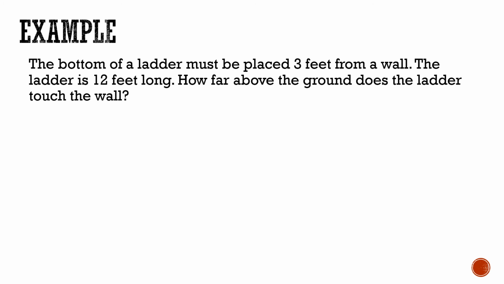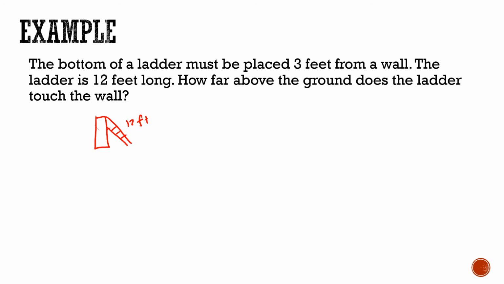Let's have the last example. The bottom of the ladder must be placed 3 feet from the wall. The ladder is 12 feet long. How far above the ground does the ladder touch the wall? So I have a wall again, and there is a ladder leaning on it, which is 12 feet.